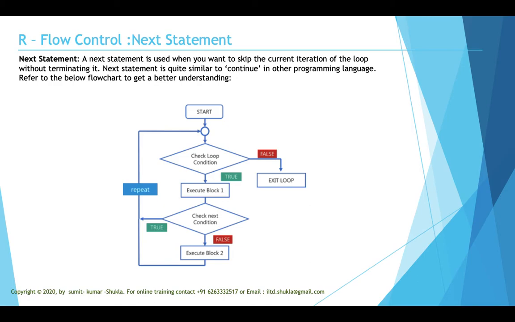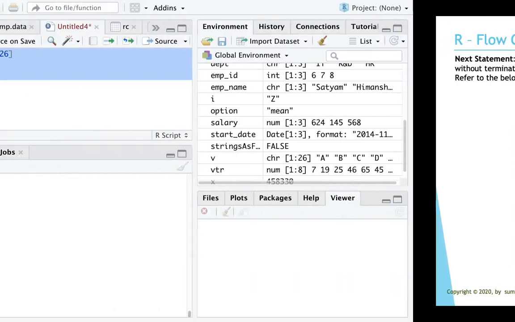If it is present, then the statements after that will not be executed for the same iteration of the loop. If the next statement is not present, then all the statements after that will be executed. So let's go and print, and you will first of all understand how to read this image, otherwise you will be confused.